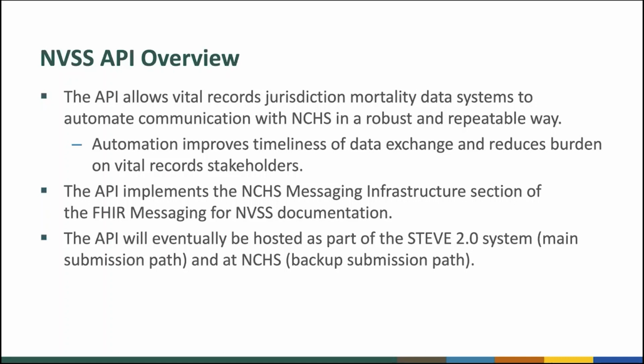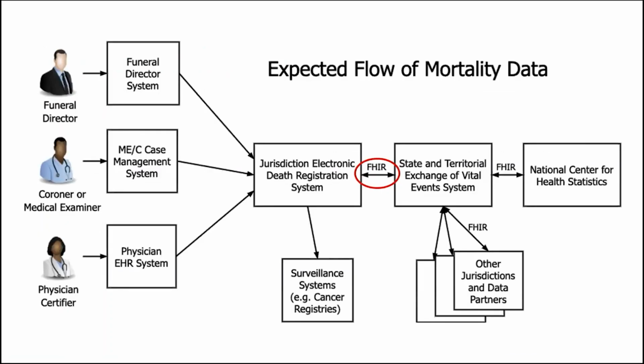And just to take a look at what this looks like. So this is a very high level view of the expected flow of mortality data. We have funeral directors, coroners, medical examiners, physician certifiers, all providing information to the jurisdiction, perhaps through various systems that they themselves use.